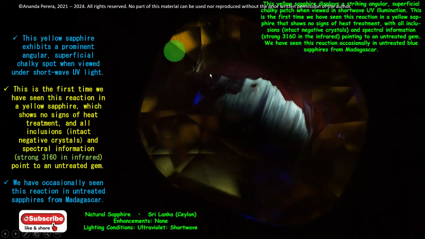This is the first time we have seen this reaction in the yellow sapphire, which shows no sign of heat treatment. All inclusions and spectral information is around 3160 infrared range. That means in color range, 316 nanometers points to an untreated gem.